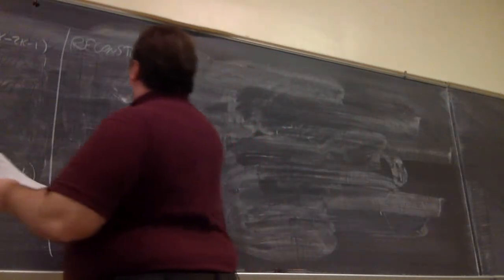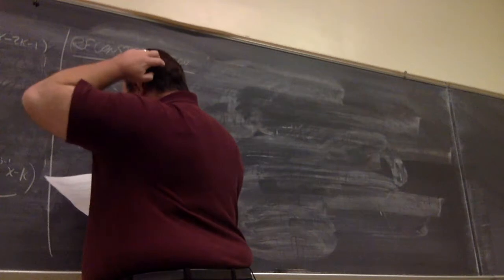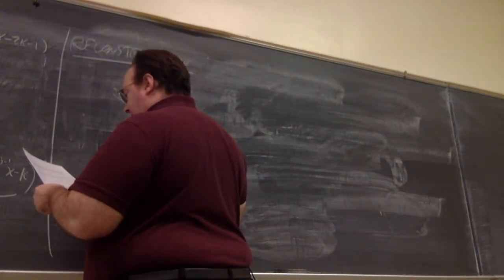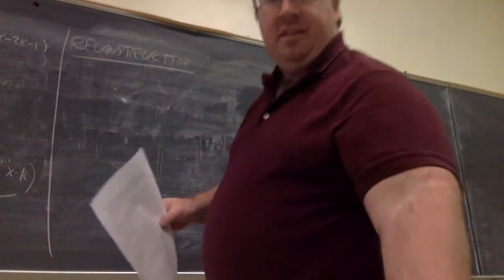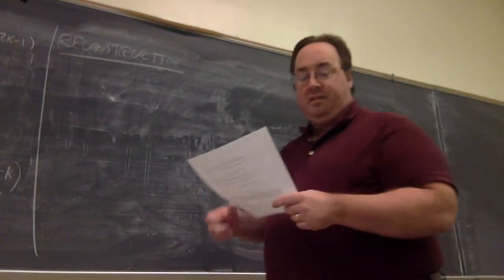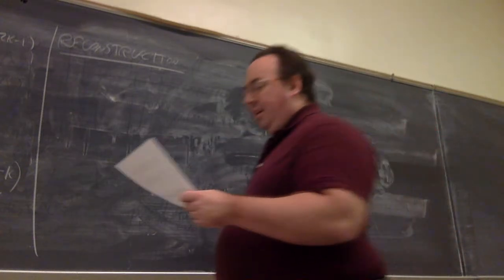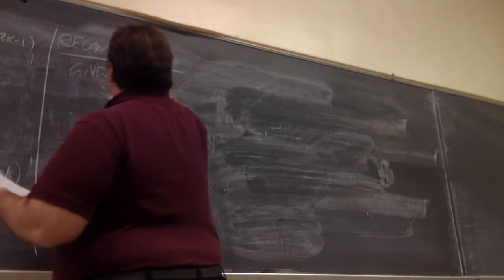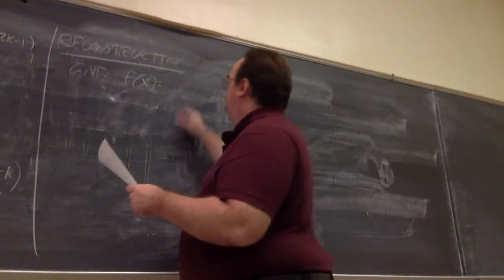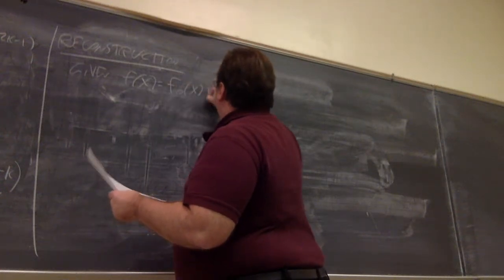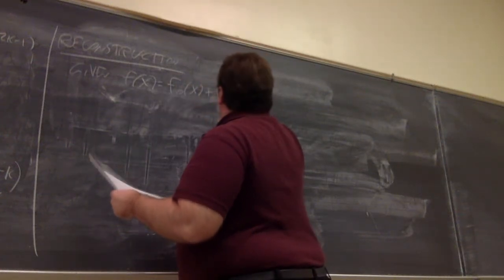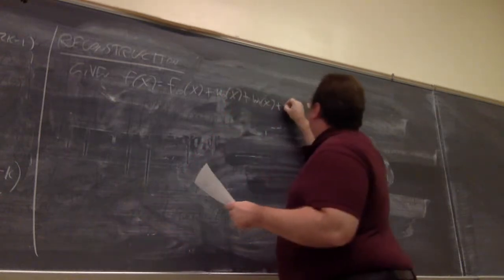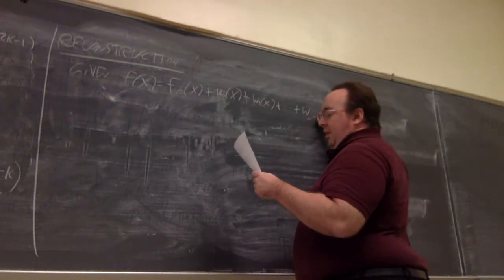All right. So the idea is, given f now in this form, so we have f naught plus w naught plus w1, and so on, all the way down to wj minus 1.